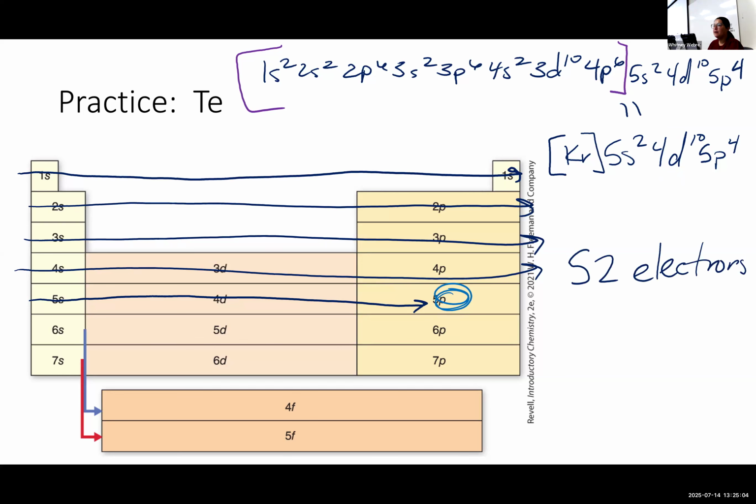So as you add them up, it should have 52 electrons total, if you want to check your numbers. Any questions on that? Okay.